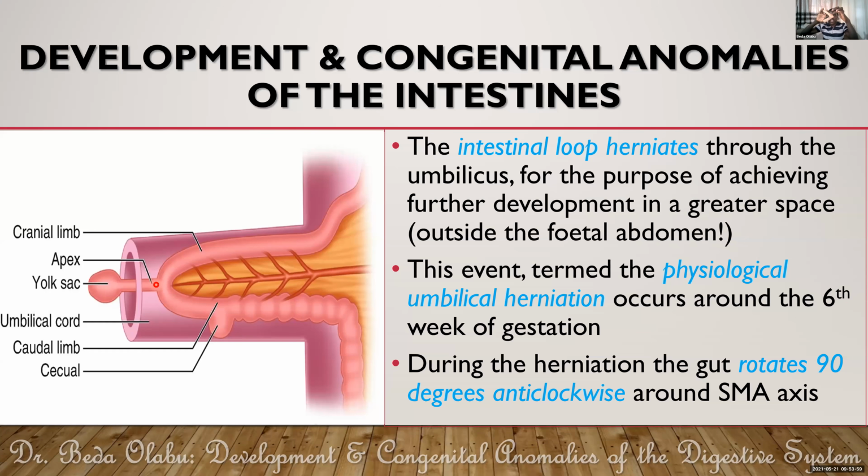The upper segment of the loop is the cephalic limb, representing small gut. You can call it the cranial limb. Then the lower one is called the caudal limb, which represents the large gut largely.